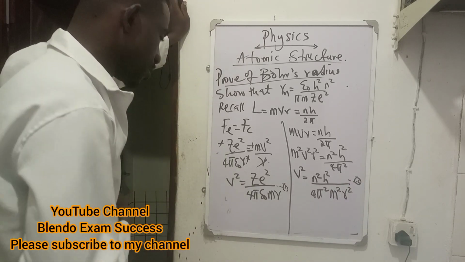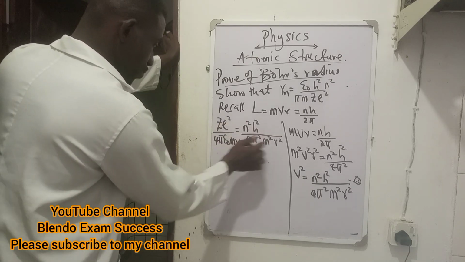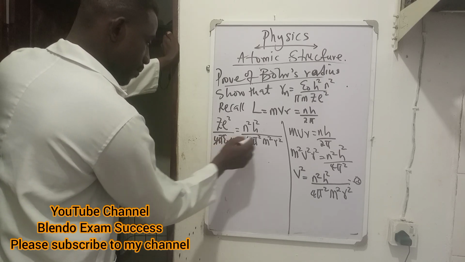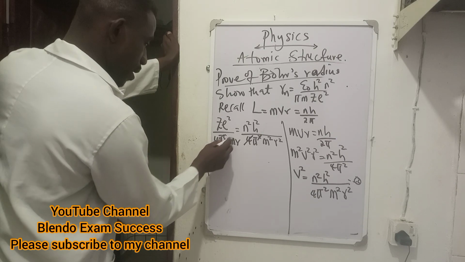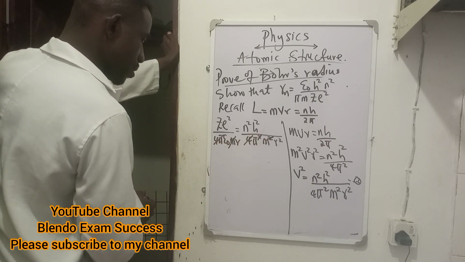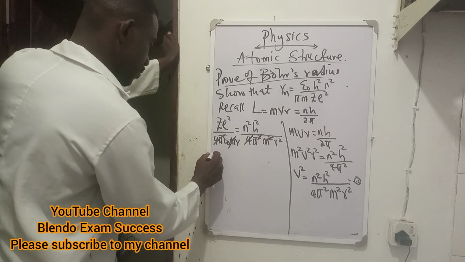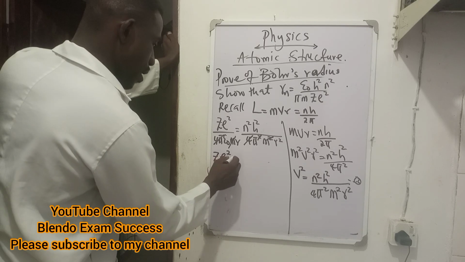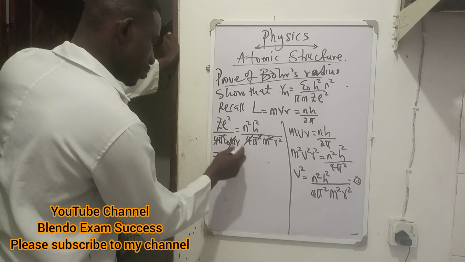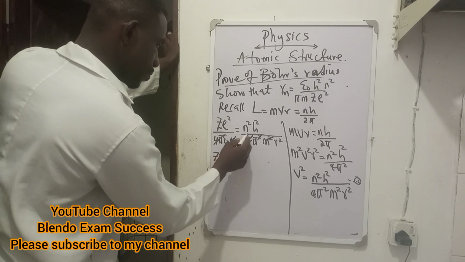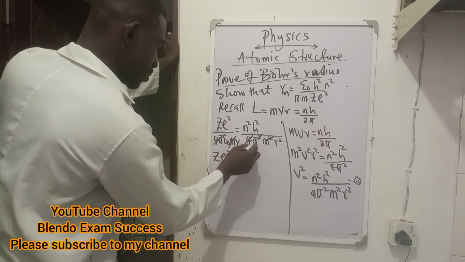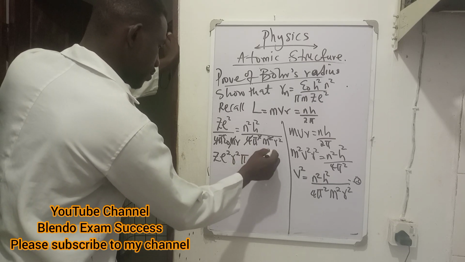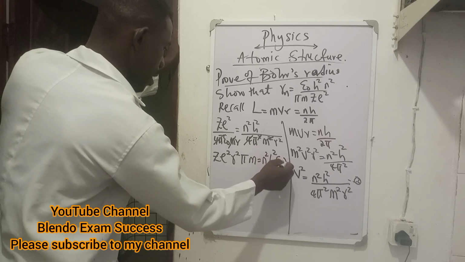So equating the two equations, we cross and multiply such that 4 pi, one of it, we cancel this, m, we cancel one of the m, okay, then we have Ze squared, r squared, okay, then pi m equal to n squared h squared epsilon naught r.